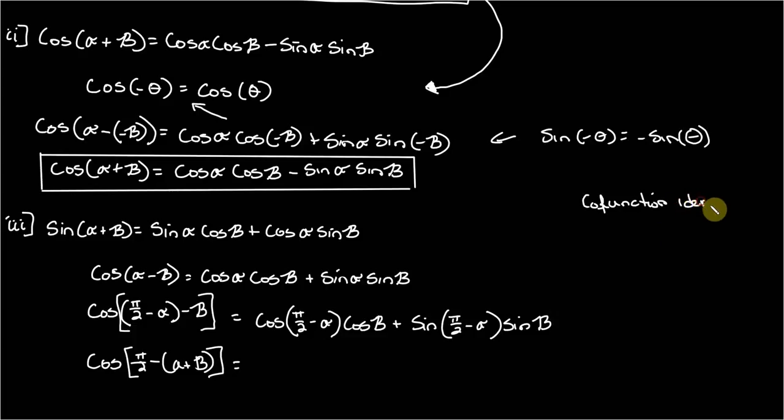It's a cofunction identity: cos pi over 2 minus theta equals sine theta. That's one cofunction identity. Therefore cos pi over 2 minus alpha, with alpha for theta, equals sine alpha.